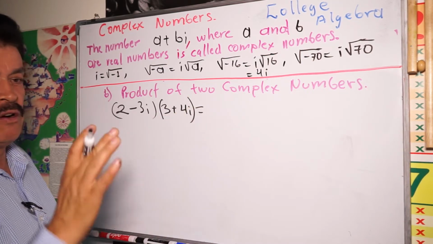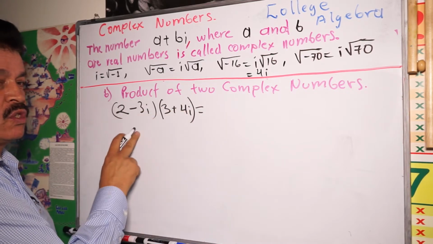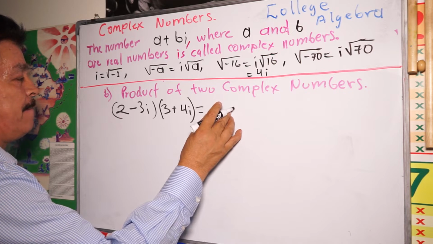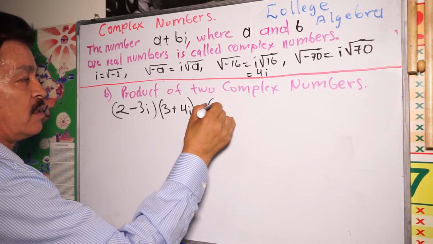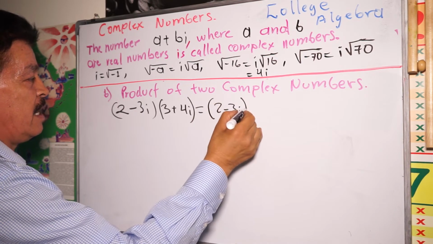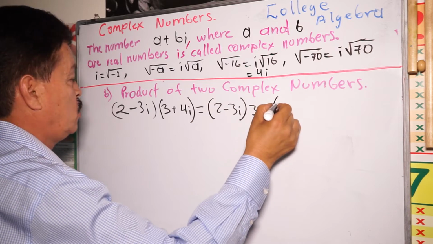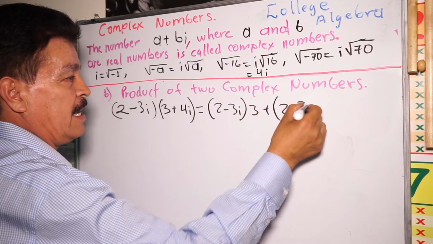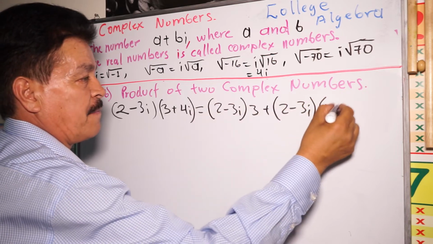Equals, now multiply. Let's see this, 2 minus 3i times 3 plus 2 minus 3i times 4i.